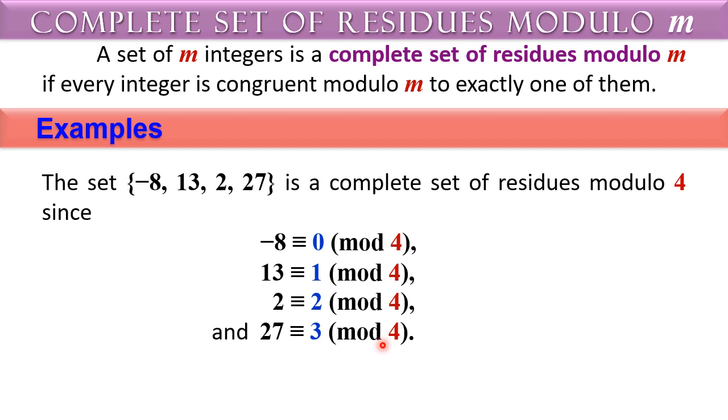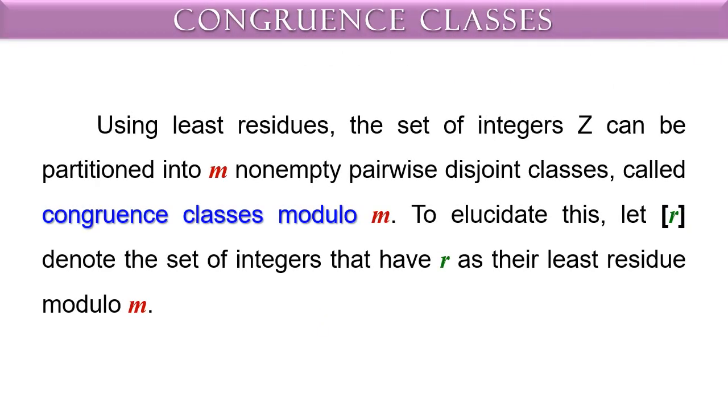Thus, it follows that the set of integers Z can be partitioned into m non-empty pairwise disjoint classes called congruence classes modulo m. To elucidate this, let residue class r denote the set of integers that have r as their least residue modulo m. To cite some examples, let's take a look at the various classes of modulo 5.